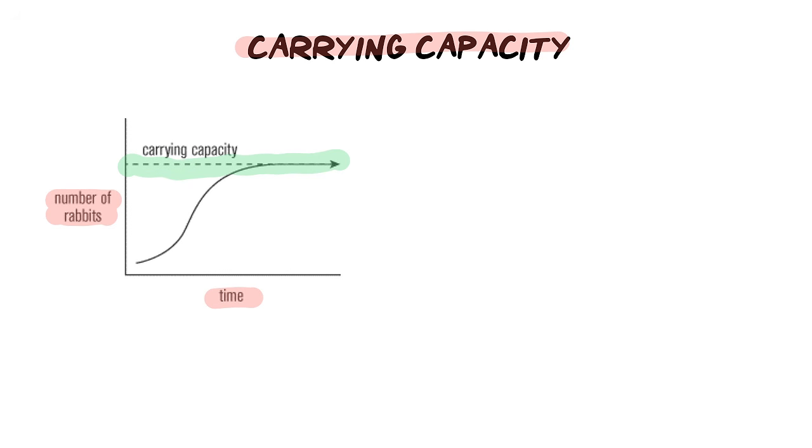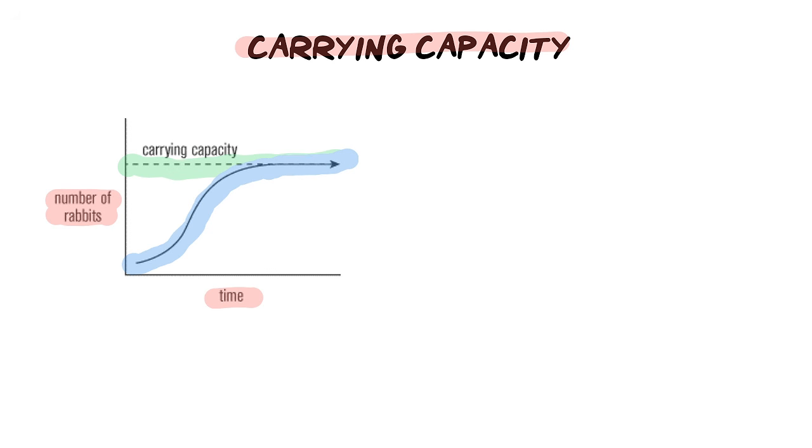You'll notice in this graph, the number of rabbits starts to slowly increase and then dramatically increase because it's got lots of resources. And then when it gets to the top here, and it reaches the carrying capacity, it levels out, it flattens out. And that's because there are fewer and fewer resources, because there are more and more rabbits using those resources.